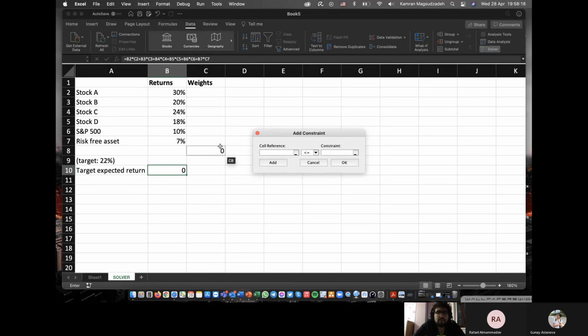And one more constraint, the sum of weights should be equal to 1.